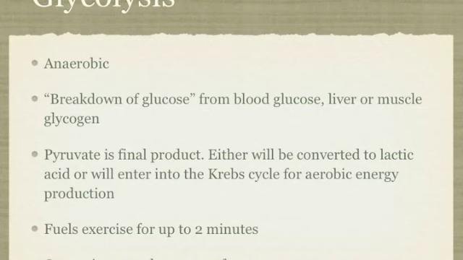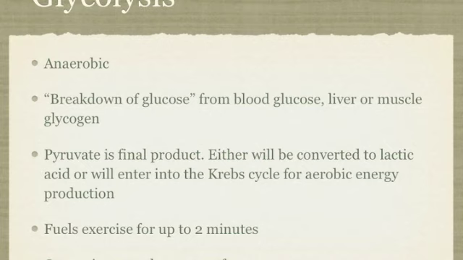And that pyruvate is either converted to lactic acid, or else pyruvate will be transported into the mitochondria and enter into the oxidative energy system, or what's called the Krebs cycle, that is producing ATP in the presence of oxygen.